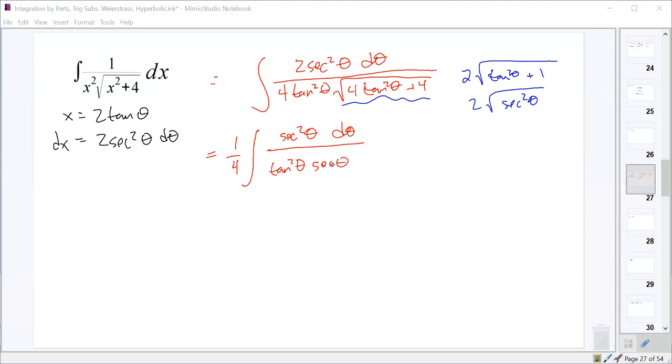Okay. All right, so first off, we can cancel a secant in both the numerator and the denominator. So we should just have 1/4 the integral of secant theta d theta over tangent squared theta. And what can we do with that? How can we simplify that? What can we simplify secant theta over tangent squared theta to?